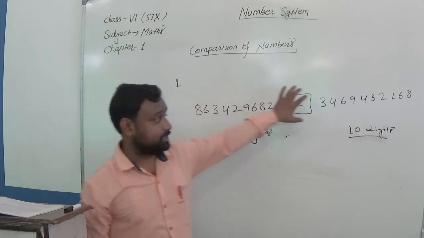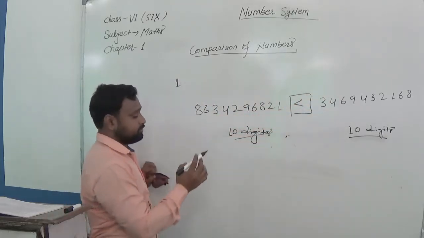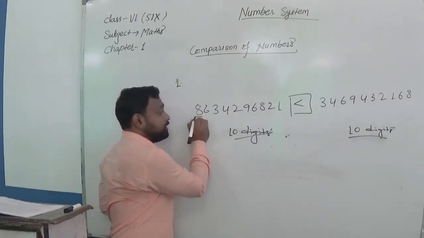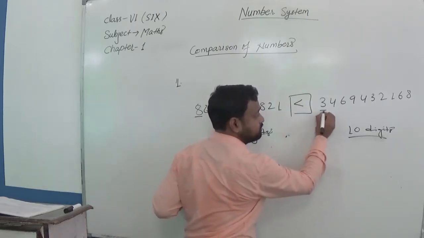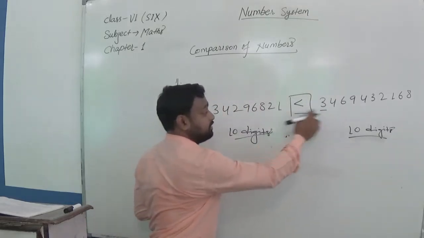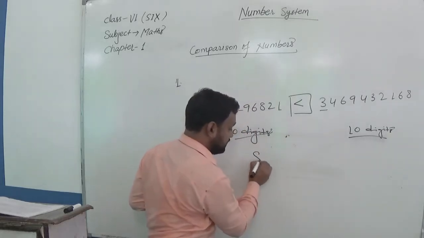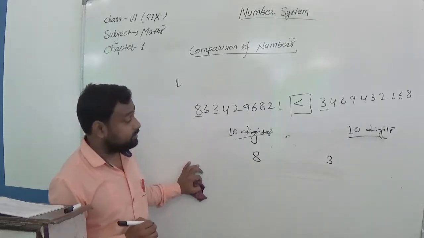In this case, first we compare the first digit from the left side. First we compare the first digit of this number and the first digit of this number. We have 8, we have 3.